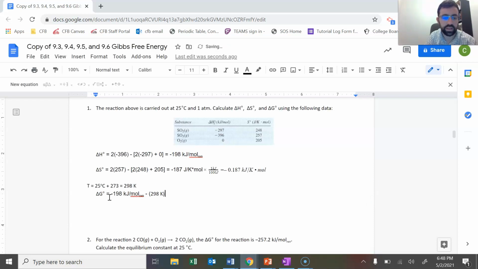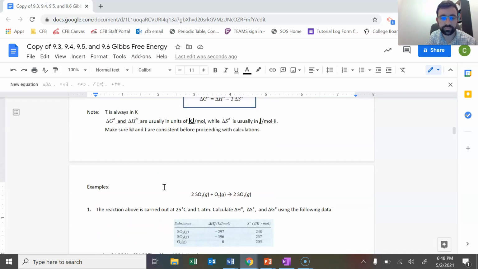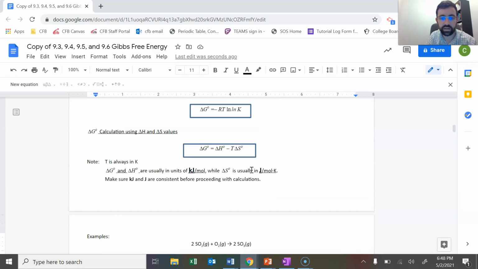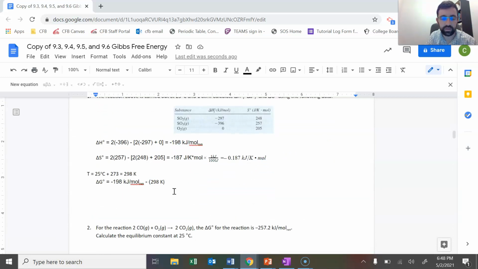So we end up with delta G equals delta H minus T delta S, minus that temperature multiplied by the delta S value that we just found up here, which is negative 0.187 kilojoules per Kelvin mole.